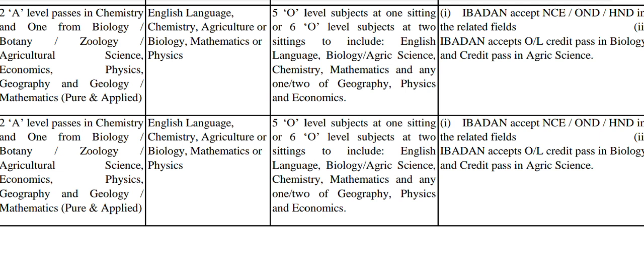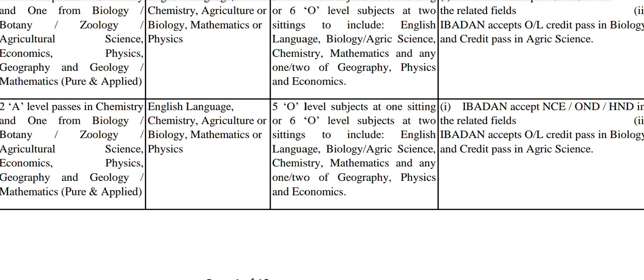That's how many? One, two, three, four, five compulsory subjects. So in case you are applying with two sittings, then you can add one of geography, or if you are adding two, you can add geography and physics, you can add economics.